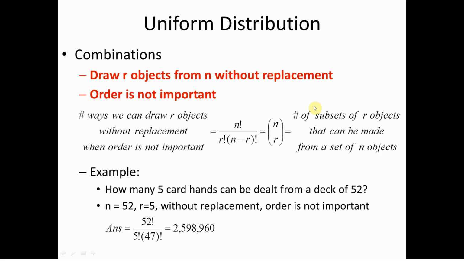Let's look at the first example. So I'm going to draw our objects from N without replacement, and order is not important. Okay? When we do that, that's called a combination.